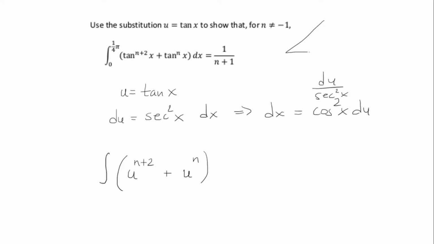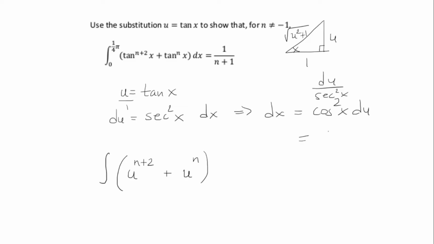So how do we get in terms of u? Well, let's look at a right triangle. So the angle is x. We said let u equal tangent of x. Okay, so think of this as u over 1. Tangent is opposite over adjacent. So doing Pythagorean theorem, the hypotenuse is the square root of u squared plus 1. So cosine squared is adjacent over hypotenuse.